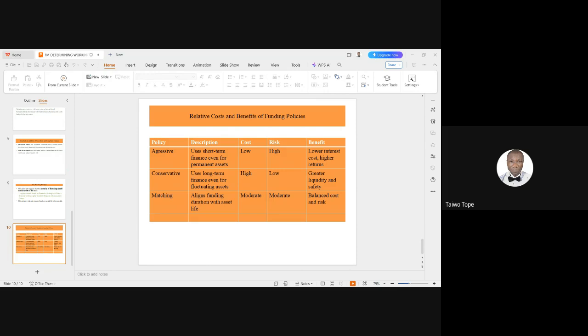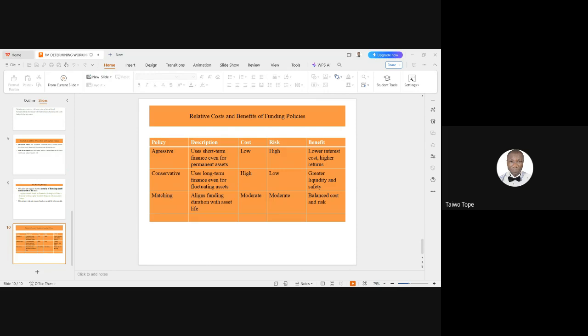This table is showing a summary of the relative cost and benefits of funding policies. Now, the aggressive policy, what does it do? It uses short-term finance, even for permanent assets.